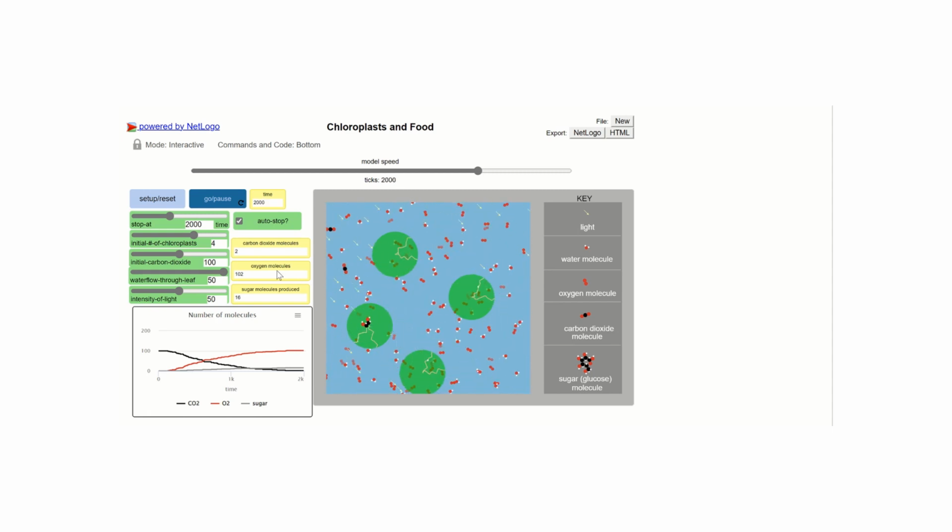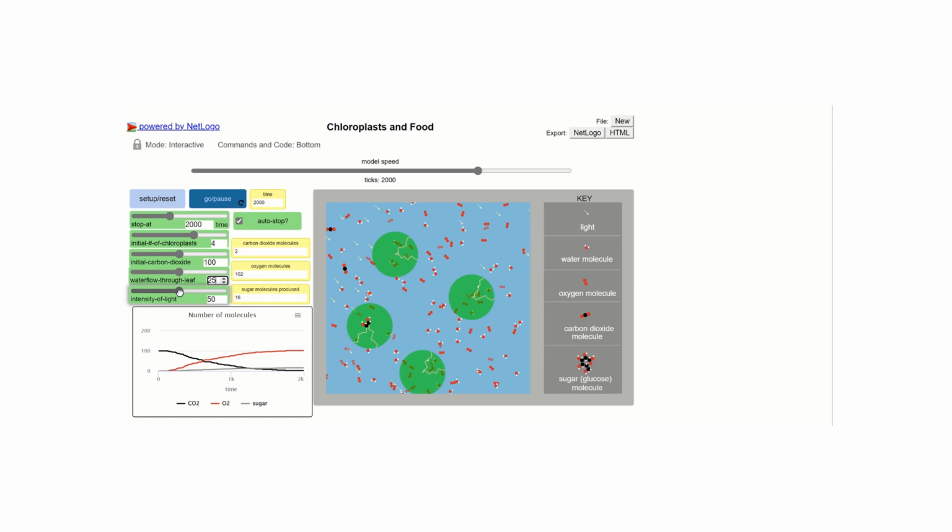When we increased the water, we made 102 oxygens and 16 sugars. Nice. Let's take our water back to its original, which was 25.